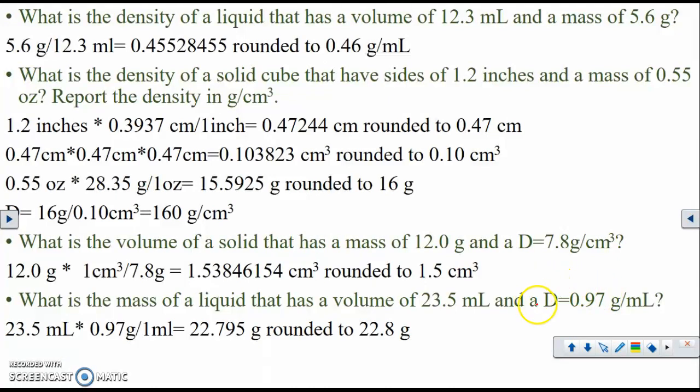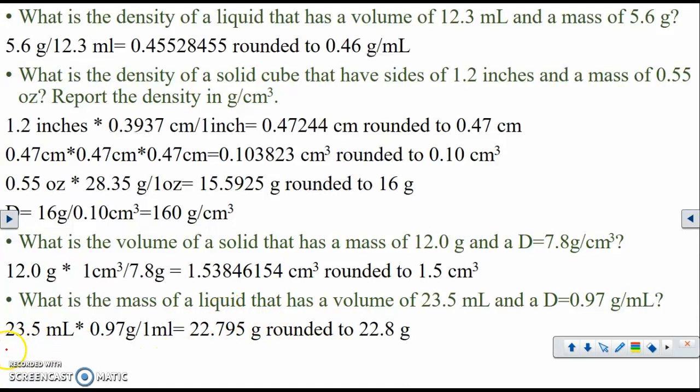Note that this is 0.97 grams divided by 1 mL. So I can use this whole unit by itself. I don't need to do any flipping, because the mL, the unit that's given, and the unit in the denominator is the same, and I'm going to be left with the unit that I want, which is grams. And again, mass. 22.5 times 0.97, it's this number.